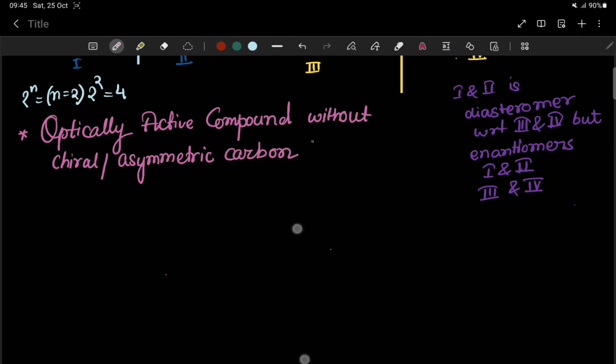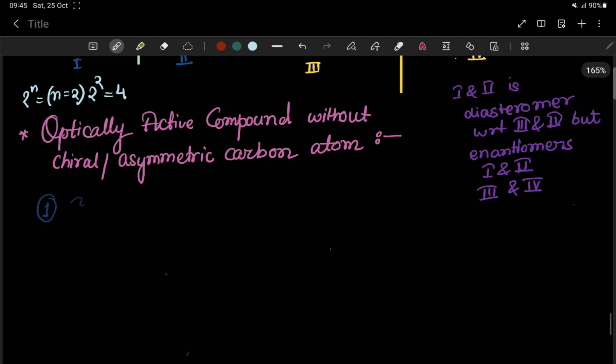Okay, come over here. My first example is going to be, see, these examples are very important, so I request you to learn all the examples, please. First is the biphenyl ones.